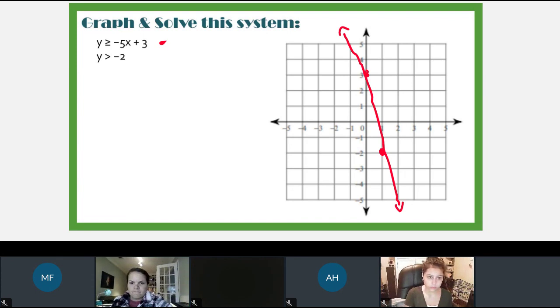Good. And then go ahead and use a test point. So you can use 0, 0, and go ahead and shade one of the sides, either the left or the right side.